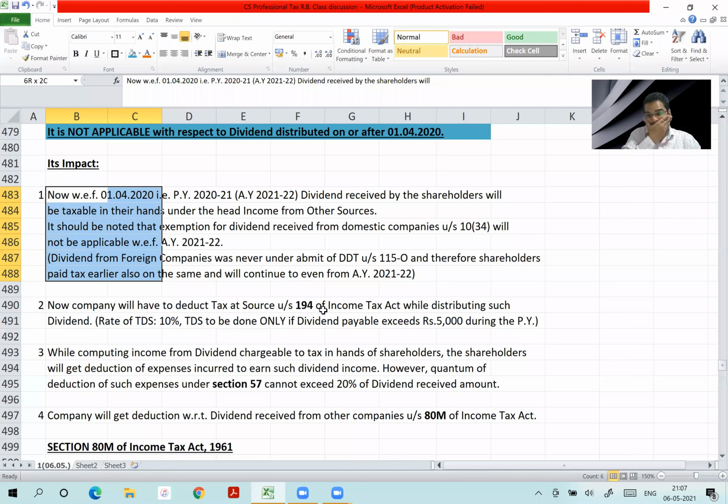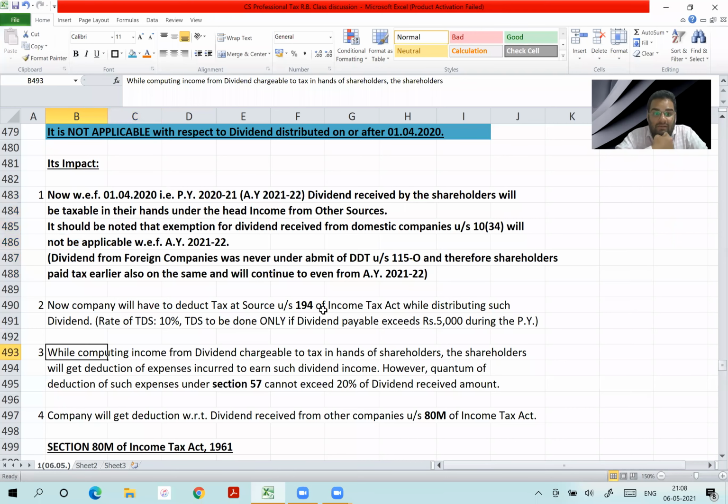Third point, while second point is just the mode of collection. So to the extent of 10% of dividend will be the TDS. Getting the point? But how that tax is collected is never given importance from the exam perspective.